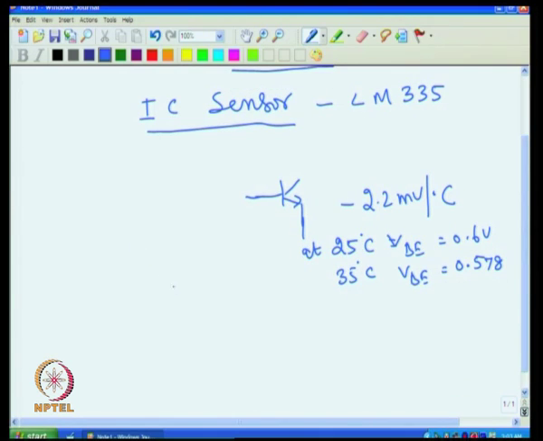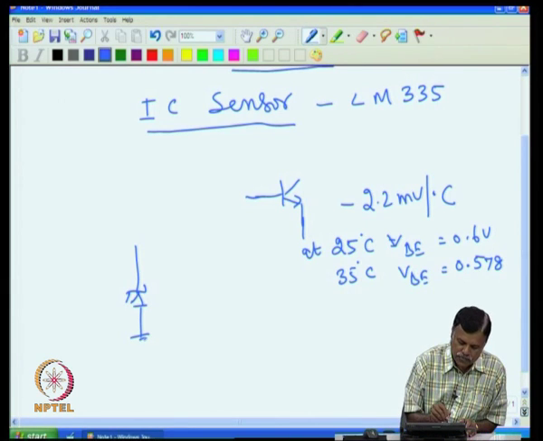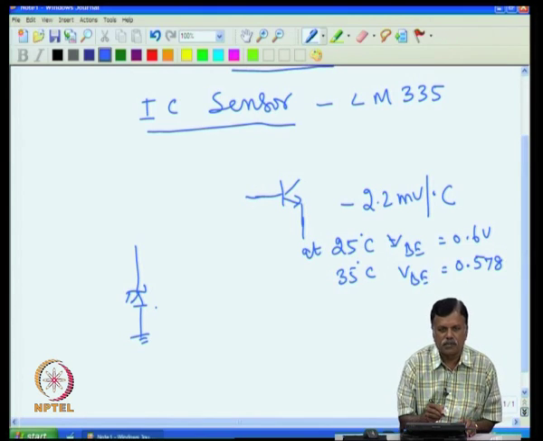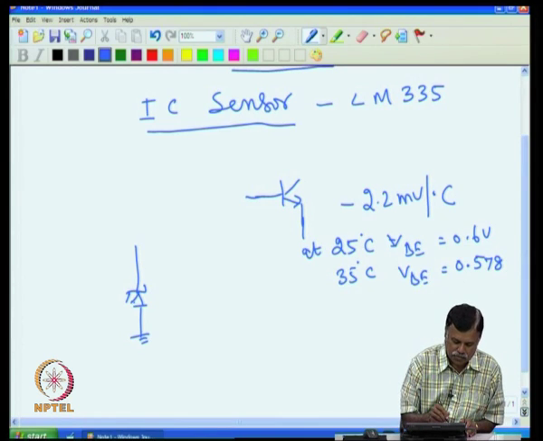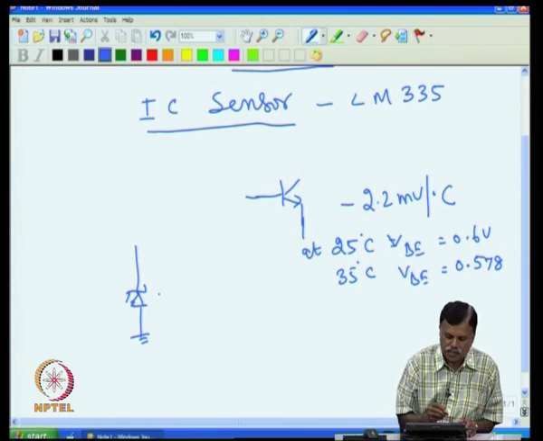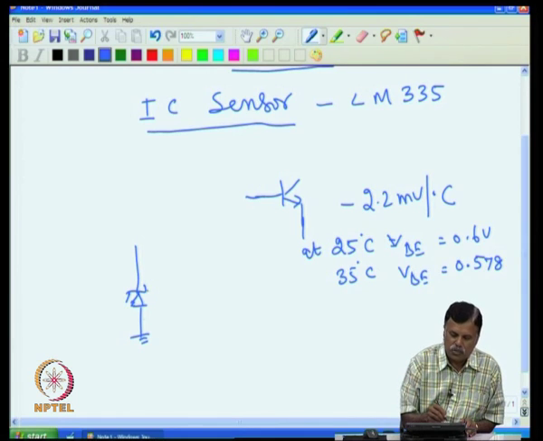If you look at the LM335, the symbol is like a Zener diode. Actually there is a third terminal associated with this, but let us not worry about that at this point of time. To use it as a temperature sensor, I have to pass a current through this. That current should be a minimum of 1 milliampere.